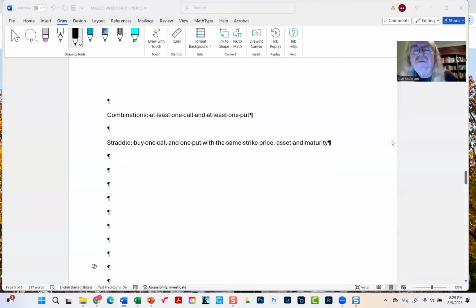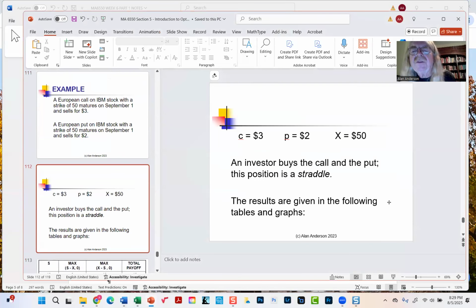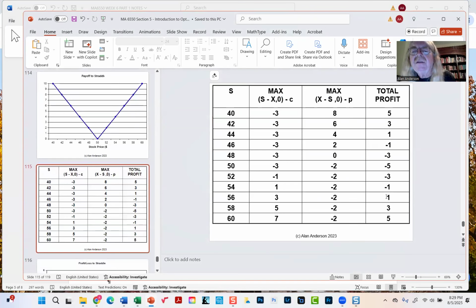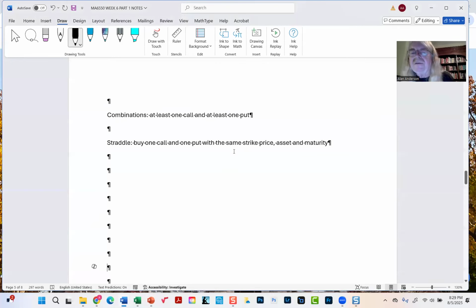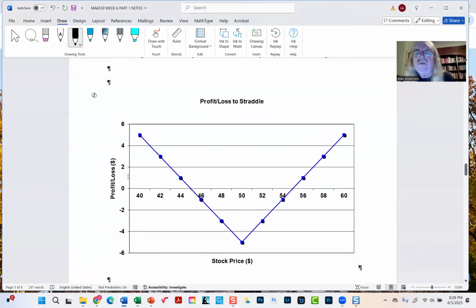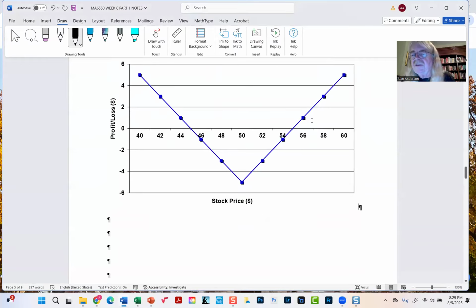Well, it's going to remind you a little bit when you see it of the reverse butterfly spread because if you notice, we're betting on volatility again. In other words, we're hoping that the price either goes way up or way down. We don't really care which, as long as it goes up or down enough to generate a profit, because it is, after all, a very expensive position.